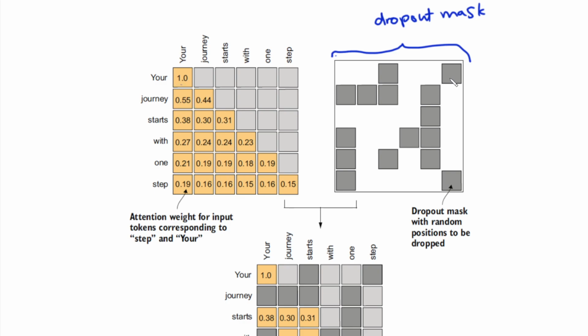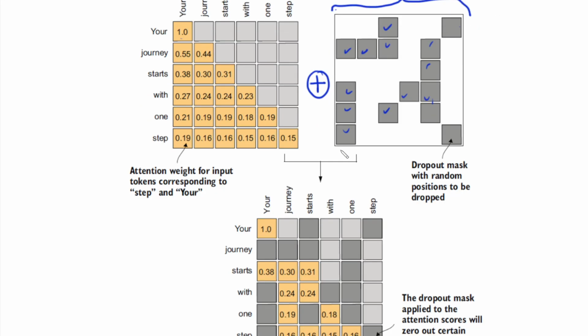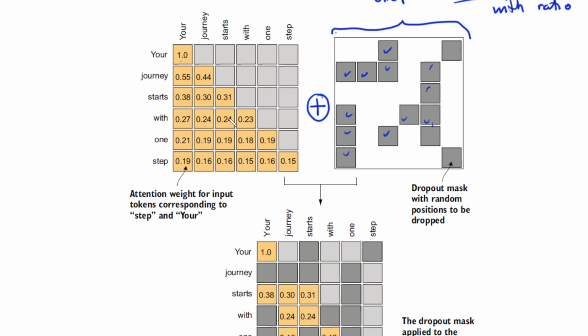We're going to create another mask, which is the dropout mask, with the dropout ratio. It then just randomly chooses cells that it's going to drop out. And when we put these two together, it's not going to be addition, but when we put the two together, some cells are going to be dropped out in our attention matrix.